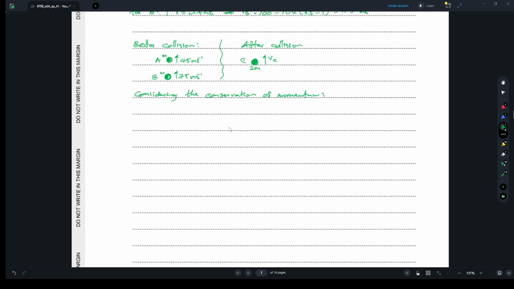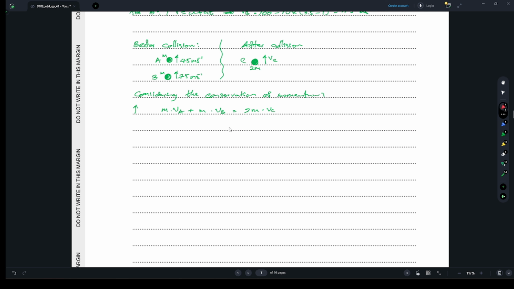Momentum. Okay, so we consider upwards. So we can write, by considering particle A, m times VA, plus particle B, m times VB, equals 2m times VC.